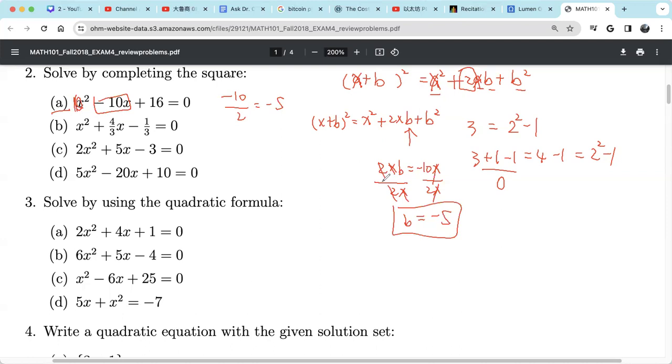Once we do that, we add 25. We add negative 5 squared, which is 25, because that's b squared, right? Once we figure out b is negative 5, b squared is negative 5 squared, which is 25. So we add 25, we subtract 25. We add a 0, basically. Okay, let's do that.